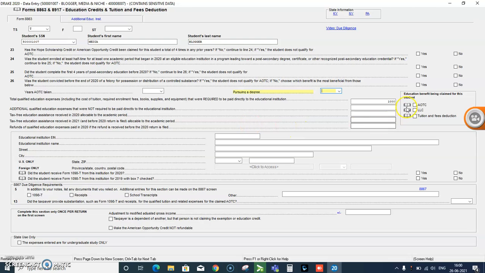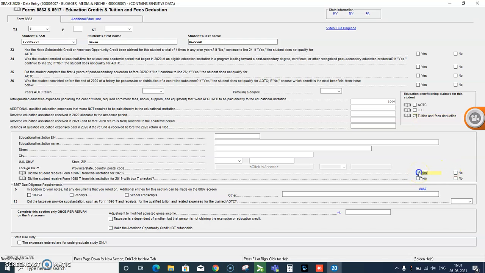Now, if you claim a deduction, the student's benefit being claimed for the student is AOTC, LLC or tuition and fees deduction. Here I am selecting the student tuition and fees deduction. Also, you can report the educational institution's EIN, name of the educational institution, address, and did the student receive a 1098-T from the institution for 2020?